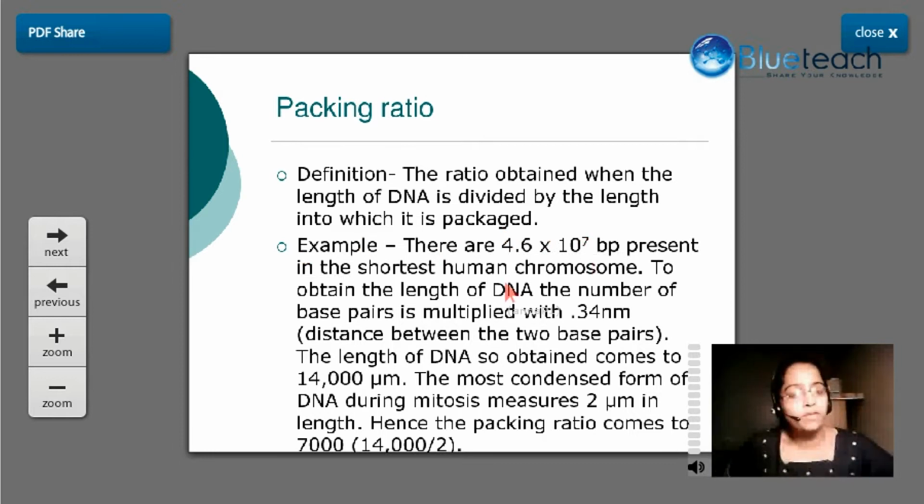To obtain the length of the DNA, the number of base pairs is multiplied by 0.34 nanometers, the distance between two base pairs. Hence the total length of the DNA comes to 14,000 micrometers, and the most condensed form, obtained during mitosis, measures 2 micrometers in length. Hence the packing ratio comes to 7,000. Now moving to the next slide.